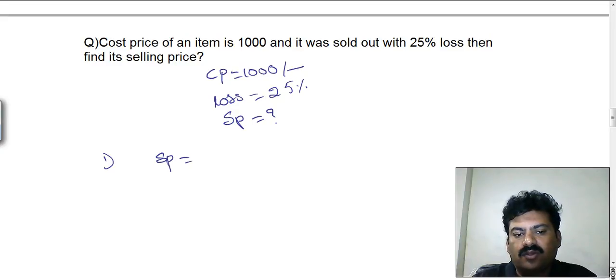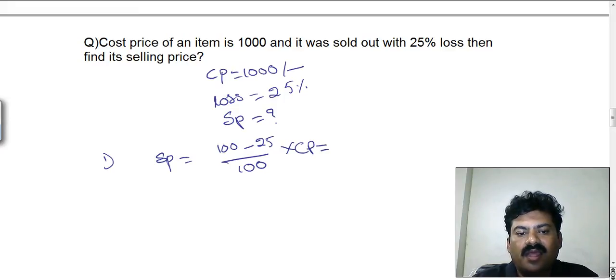Selling price is equal to (100 minus loss, which is 25%) by 100 into cost price. Now it is 75 by 100 into CP, which is 1000. When I calculate this, it is 750.